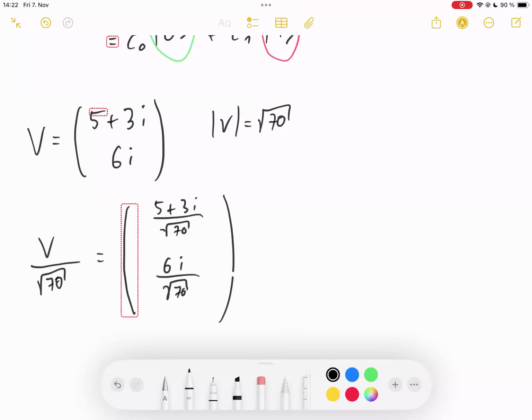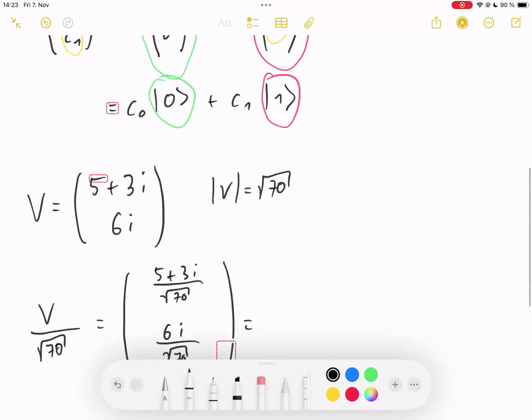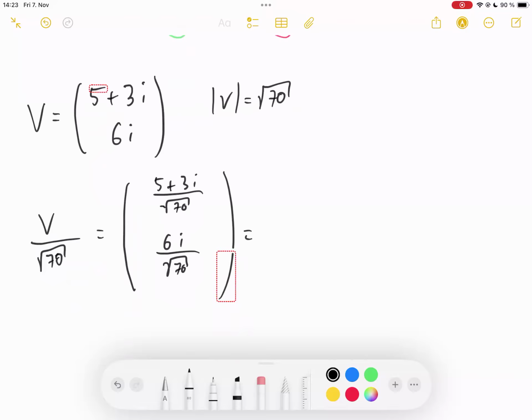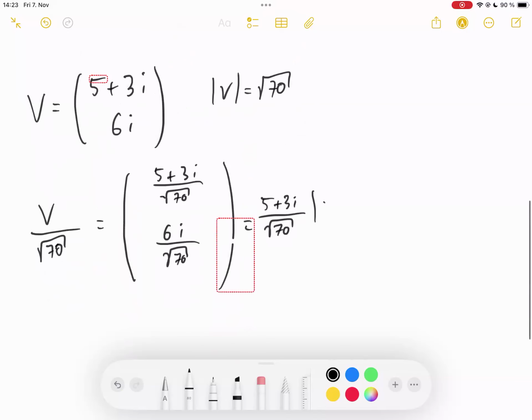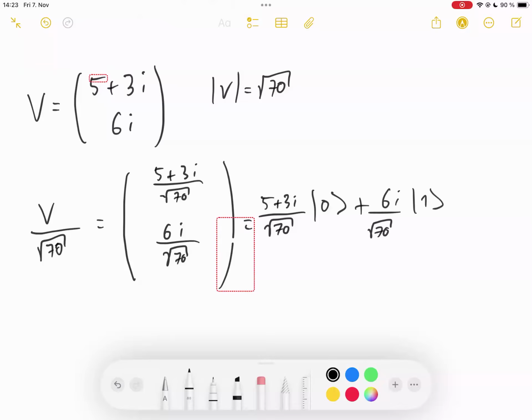And we can, again, rewrite this with the notation before. So this is 5 plus 3i divided by the square root of 70 times a 0 ket plus 6i divided by the square root of 70 times 1 ket. This is just a different way how we can write down the normalized qubit.